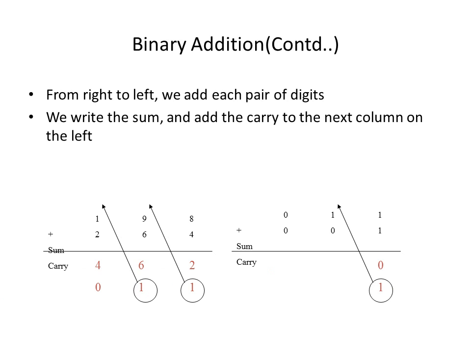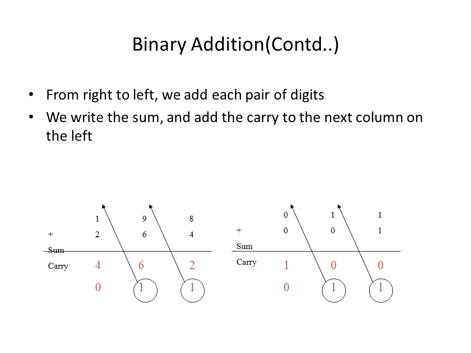There are two ones, therefore the sum will be 0 and carry will be 1, and this carry is forwarded to the next bit. Similarly, 1 added to the carry 1 gives sum 0 and carry 1, and the carry is again forwarded.